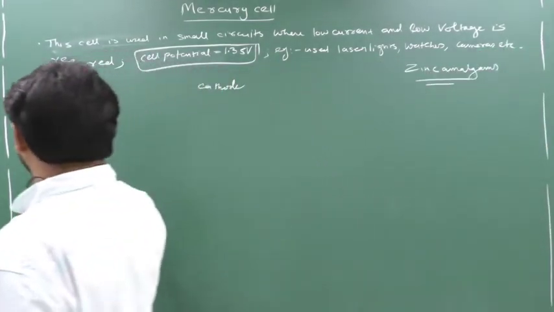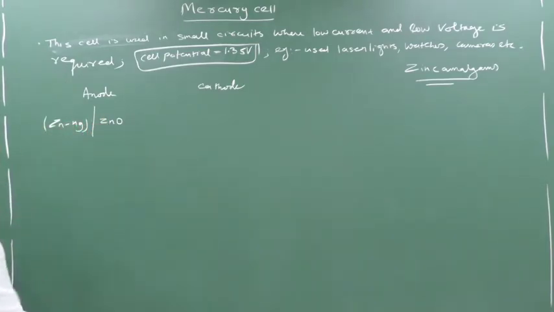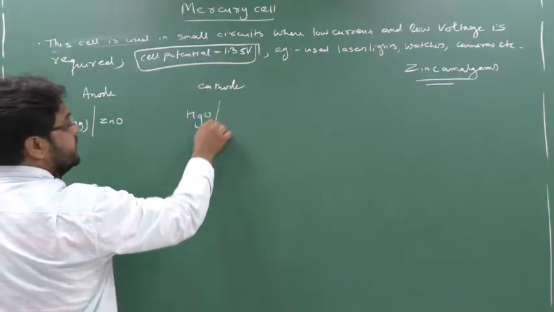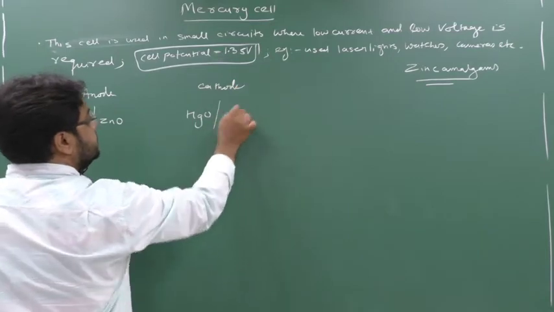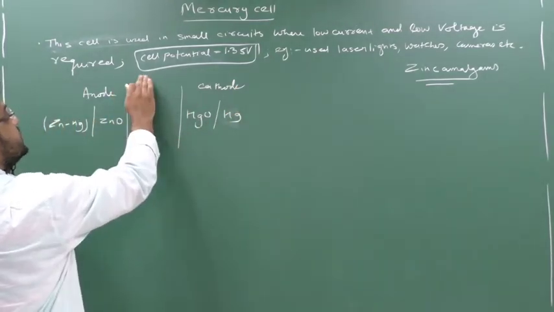So the anode is zinc amalgam, and it will convert into zinc oxide. Then at the cathode, mercury oxide is used, which will be converted into mercury, Hg.